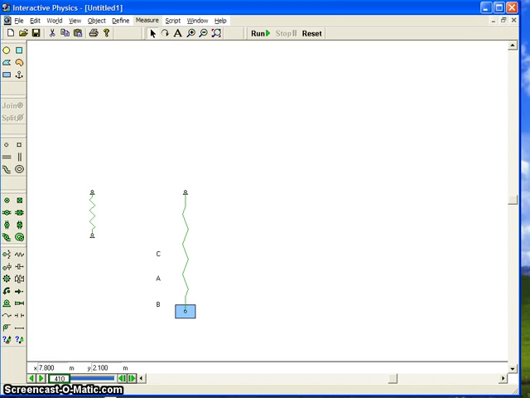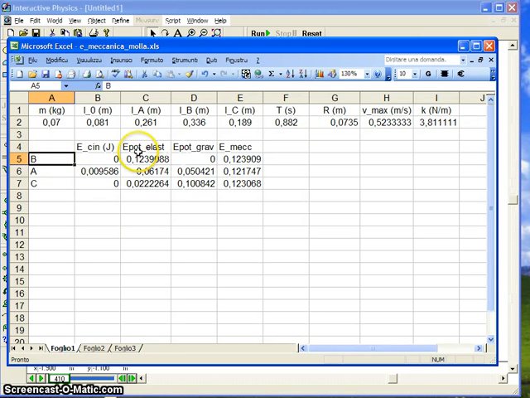In this situation, the elastic potential energy is given by this formula, where we use the factor 0.5, the K factor, and the difference between the length of our spring in the B position and the length of our spring in the initial situation.